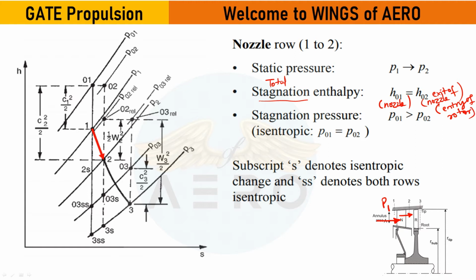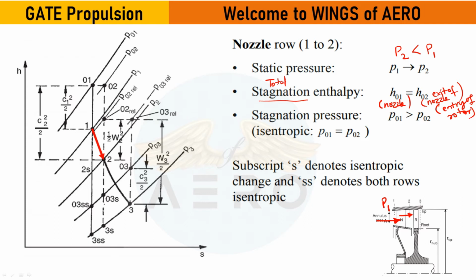Now the static pressure: what happens when it is entering, P1, and P2 when it is leaving through the nozzle? P2 will be less than P1, because the static pressure is going to decrease; there are losses in the nozzle. Can I say that P2 is less than P1?